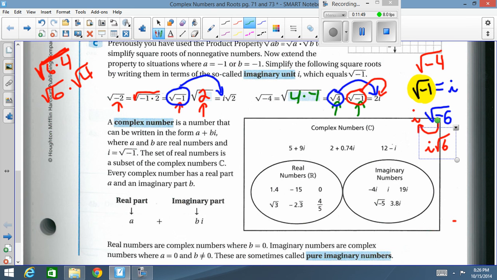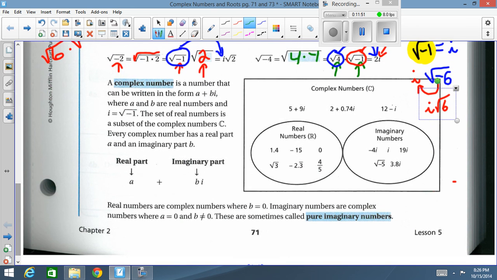All right, so let's finish up this page, this discussion, by talking about complex numbers, what real numbers are, and what imaginary numbers are. Now real numbers, all the stuff in this circle down here, are everything that you've dealt with before we started this unit in your math career. Square root of 3, that's still a real number. Even though you get an ugly decimal, it is still a real number.